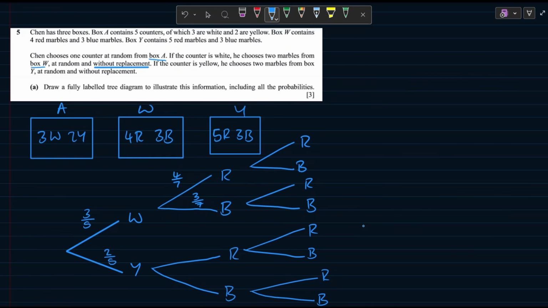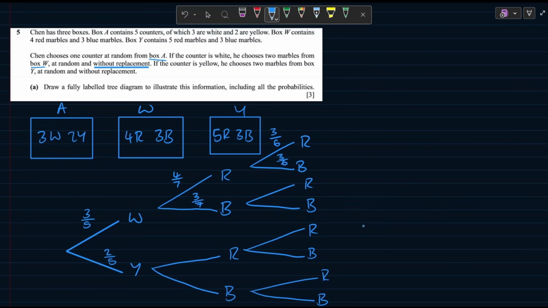So once we pick this first marble, we actually only have 6 marbles left on our second pick. So now, assuming we picked red on our first pick, I only have 3 reds left. So I've got a 3 out of 6 chance of getting another red. And that means for blue, I only have a 3 out of 6 chance as well, since we'll still have all 3 blues in there, but we're picking from 6.